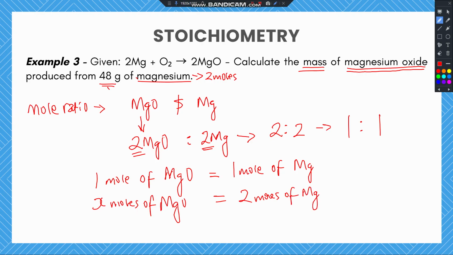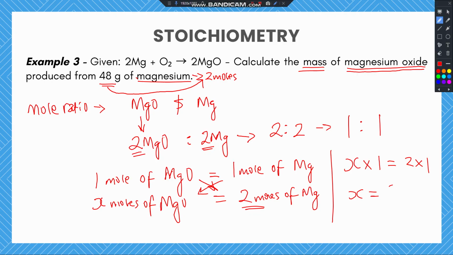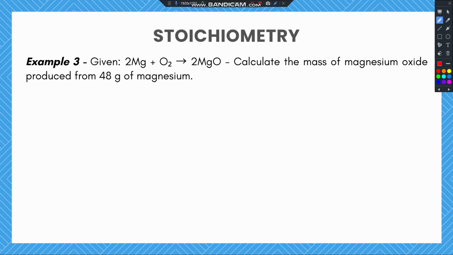Remember, we've converted 48 grams of magnesium to become 2 moles. That 2 moles is what is here. So let's cross multiply. When we cross multiply, we have X times 1 equal to 2 times 1. So X is basically equal to 2 moles. So we've calculated the number of moles for magnesium oxide to be 2 moles.